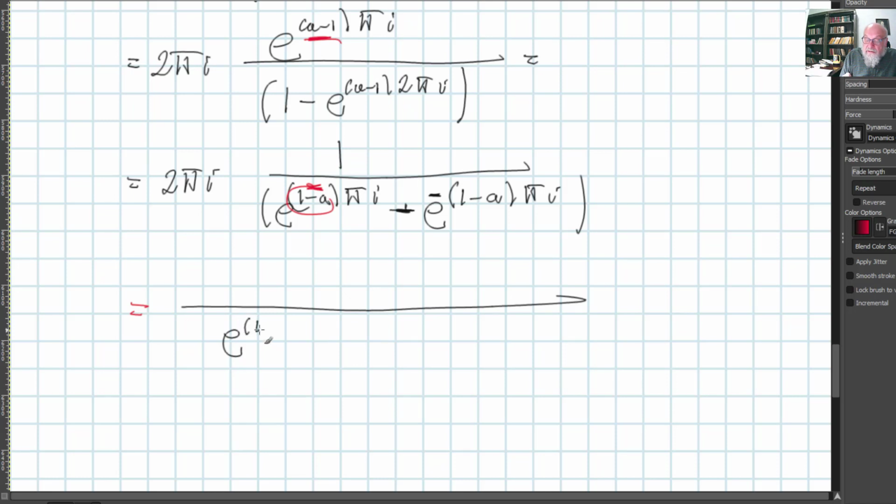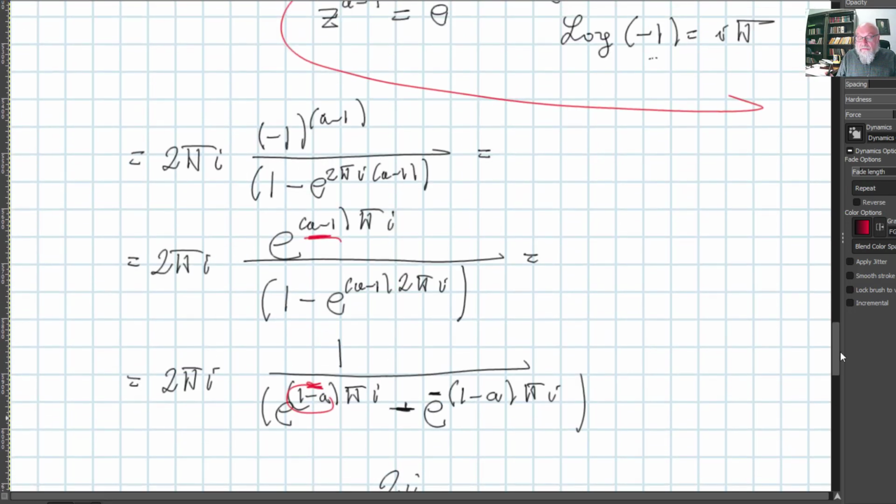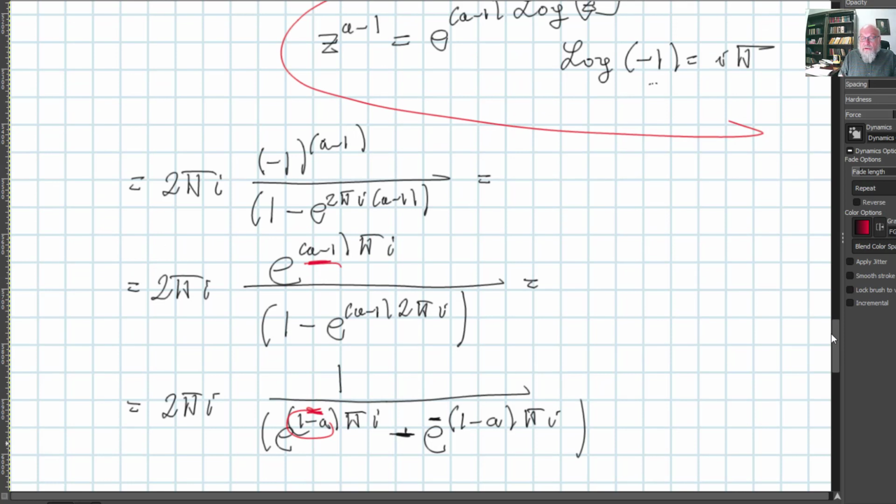This is e to the 1 minus a pi i minus e to the minus 1 minus a pi i over 2i, and this is pi standing here. And you recognize this is nothing else than pi, and I'm sorry, I'm making mistakes with the 2 pi.